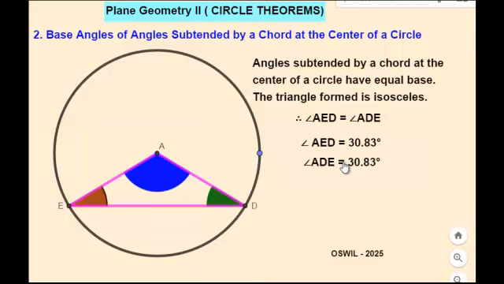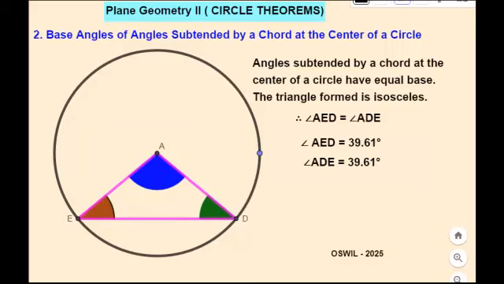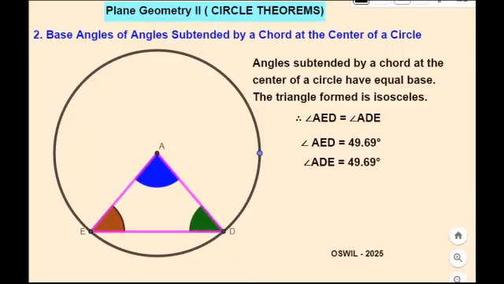Good. What you see here are values of the angles AED and ADE. You can see clearly that they are all equal. So whilst I move the chord, look at it well. When I move it, the angles change and they are all equal. They are giving us the same values. I hope you fix your eyes on that.